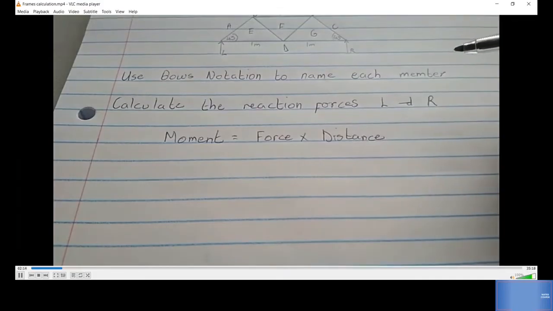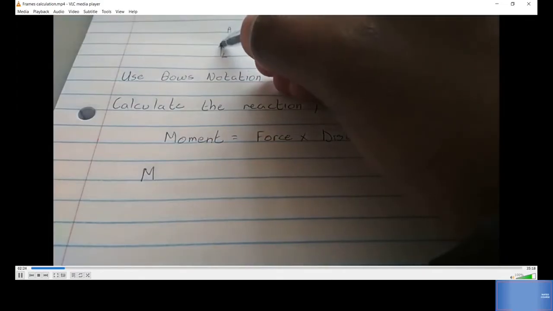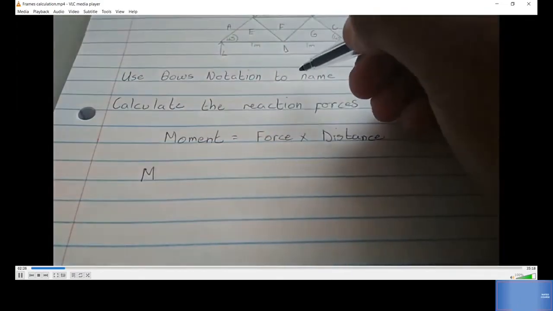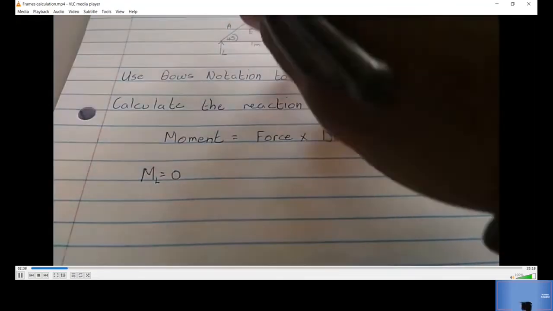Okay, and you take a moment about a point. So we are going to take a moment about the point L, there where L is. Okay, and the moment there about the point L should equal 0. Okay, and we're going to take clockwise as positive.